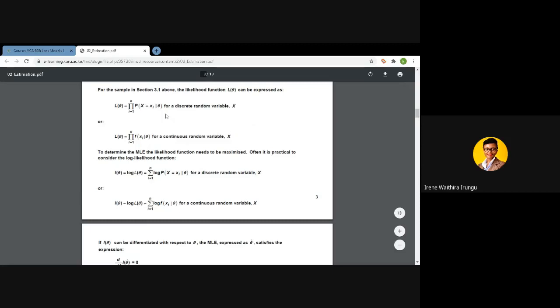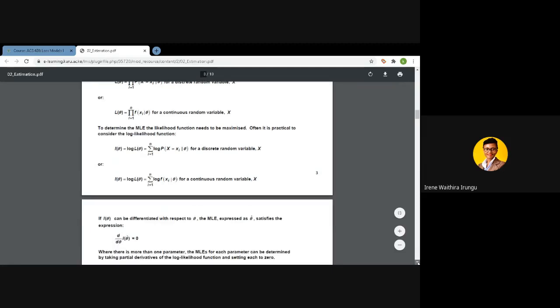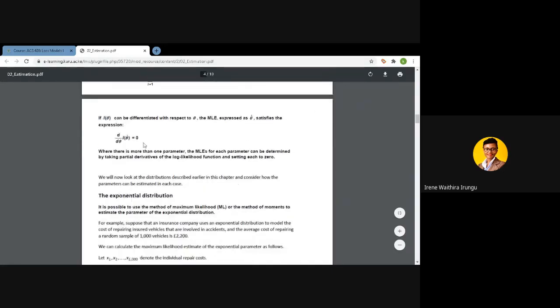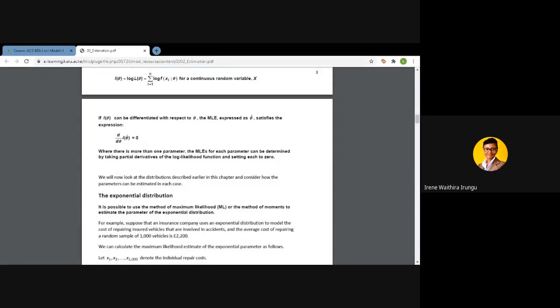So we have moved from the likelihood to the log of the likelihood, and after that you differentiate the log likelihood function with respect to the parameter you want to estimate. Then equate your derivative to 0, and solve for the unknown parameter which you're estimating.